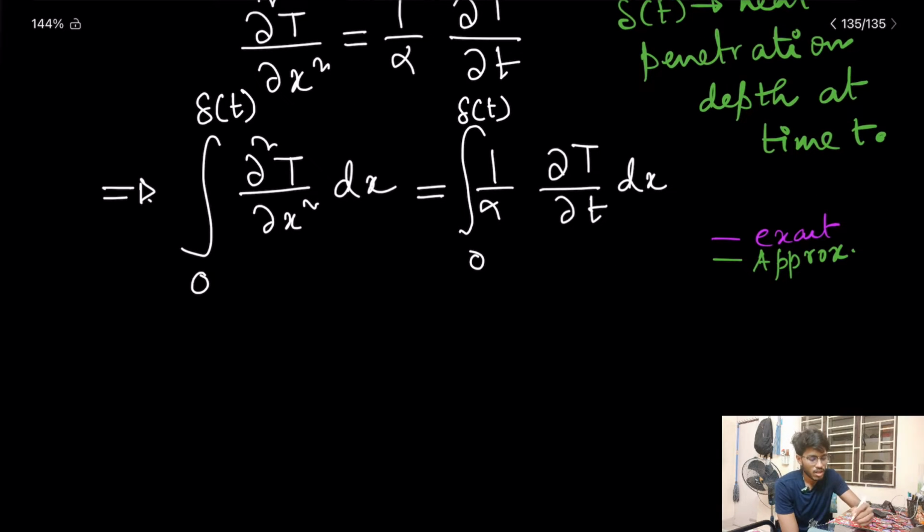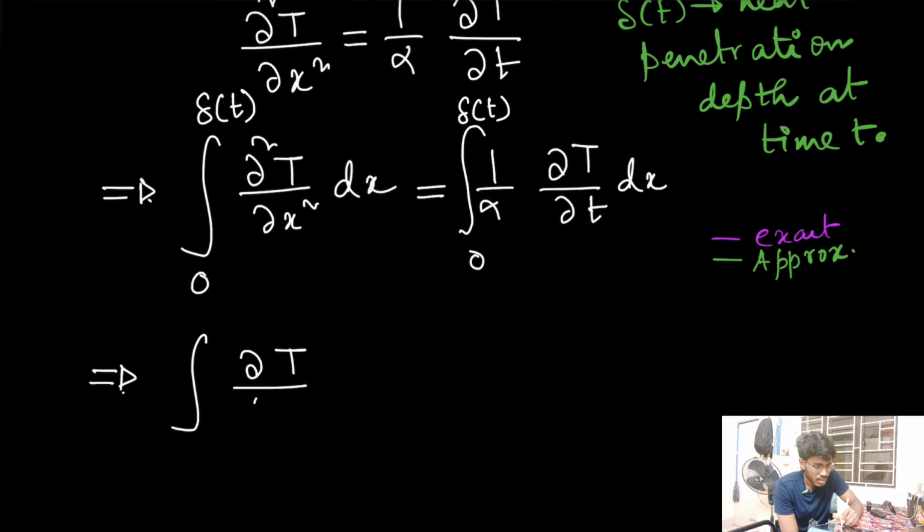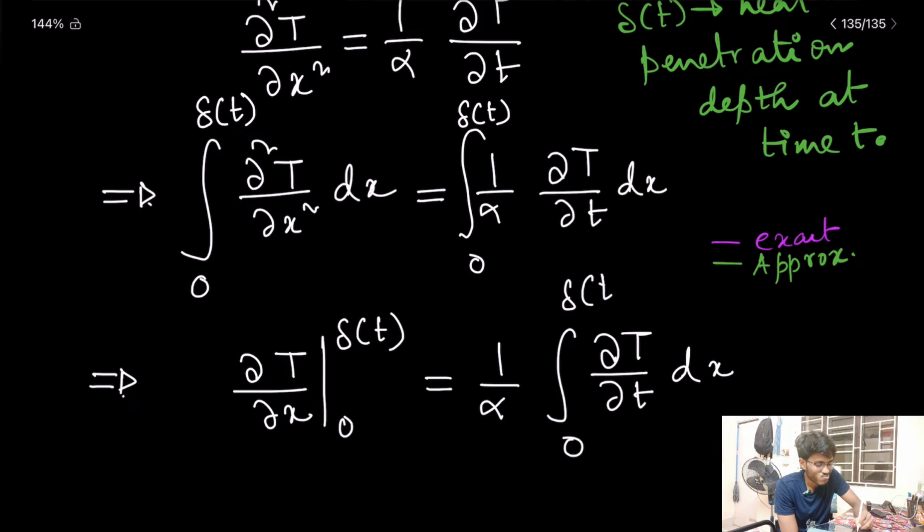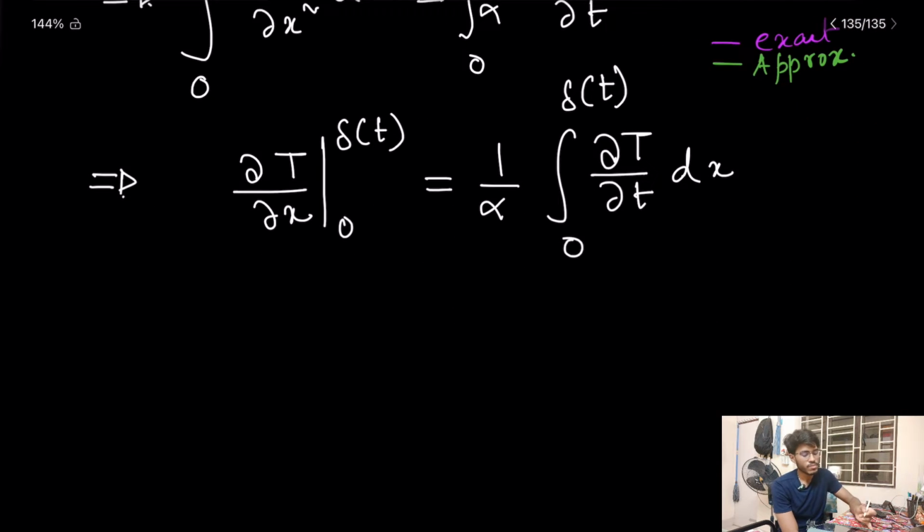So what will this give? This will be your del T del x from 0 to delta t. Clear? And that will be equal to, 1 by alpha I can take outside, and this one from 0 to delta t del T del t.